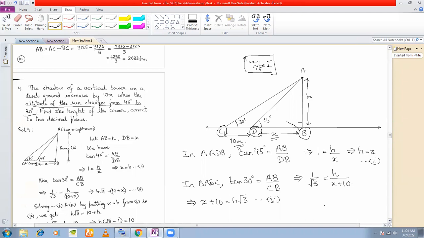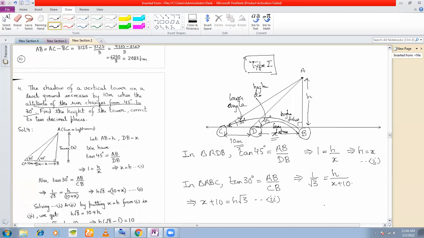So if you see, B to C is the higher distance, and you see this is the lower angle. That means out of 30 and 45, this is the lower angle, right? And if you see distance between B and D is lower distance, and you see the angle here is the higher angle.